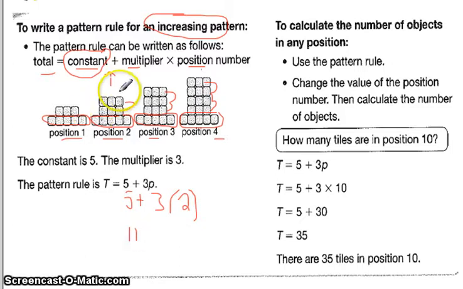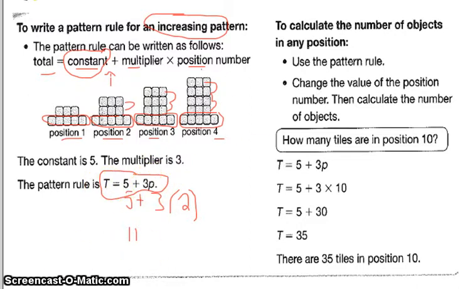You can double check here and see that I have 11 tiles. So this is my pattern rule: the total number of tiles equals the constant, 5, plus 3, my multiplier, times my position number. Your number of tiles is going to change depending on your position number. As it goes up, your number of tiles also increases.